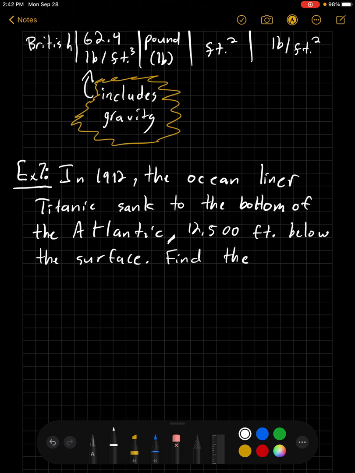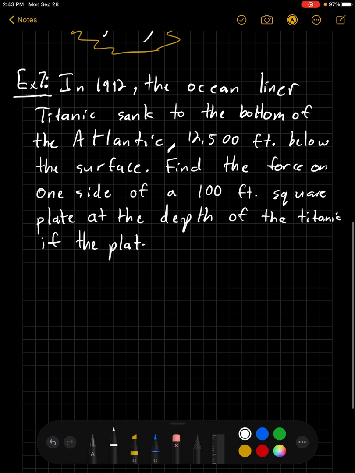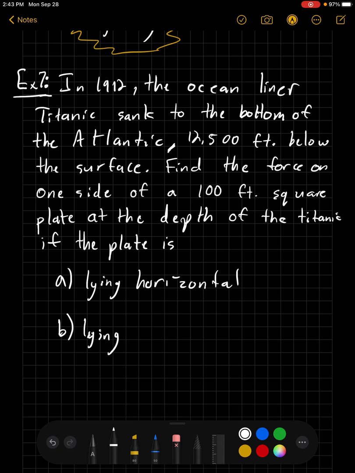We want to find the force on one side of a 100-foot square plate at the depth of the Titanic if the plate is A, lying horizontal, or B, lying vertical.